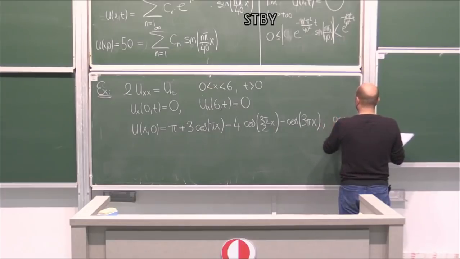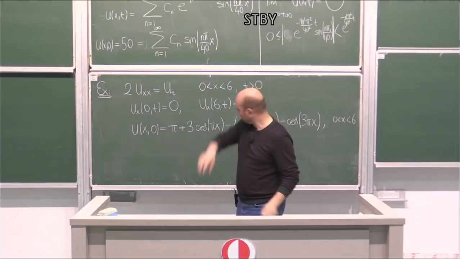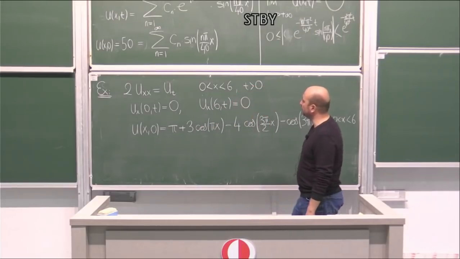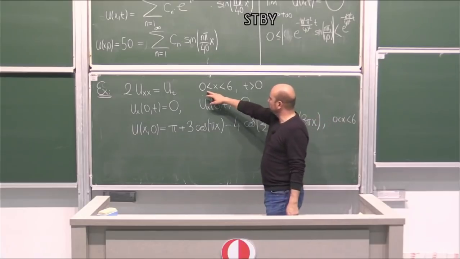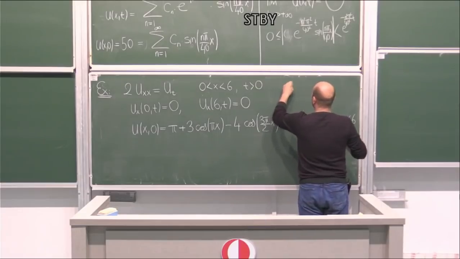X is between 0 and 6. Now, we are trying to solve the heat equation. We have a one-dimensional object, so a rod. So now again, we have a rod.